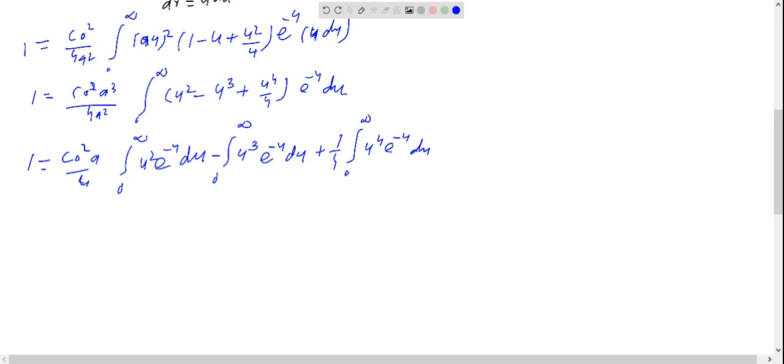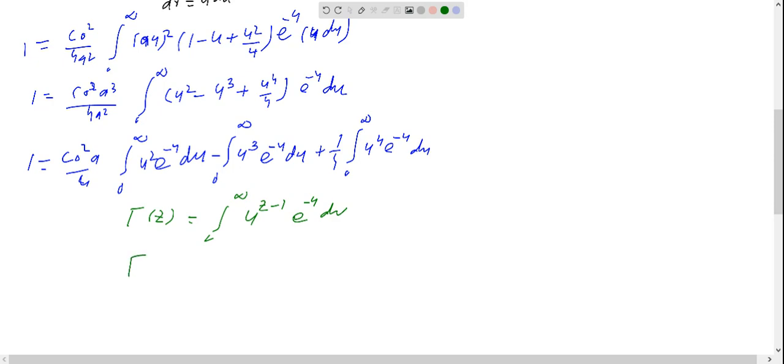So we use a gamma function, which can be written as gamma of z equal to integral from 0 to infinity u to the power z minus 1 e minus u du.